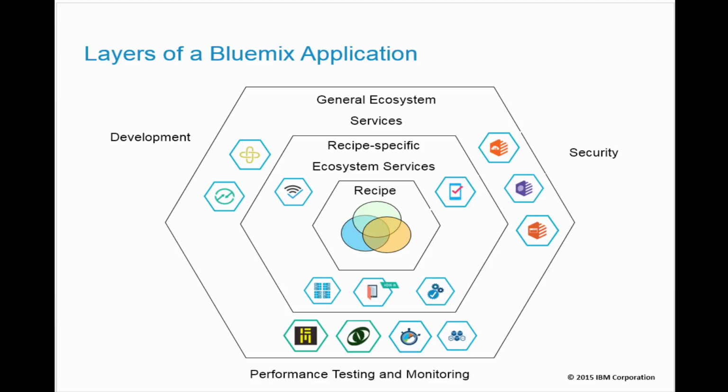Then, depending upon what subtype you have, like a web-specific system of interaction or a mobile-specific system of interaction, that may help you choose a set of recipe-specific ecosystem services. And I give you some examples here specific to, let's say, mobile security, which is over here on the right above the recipes. Okay?